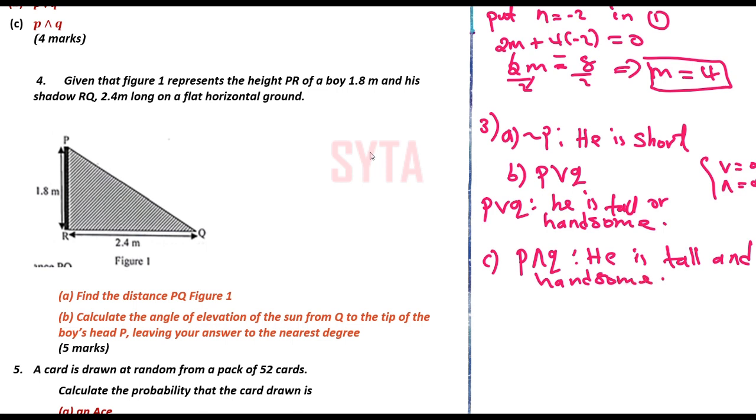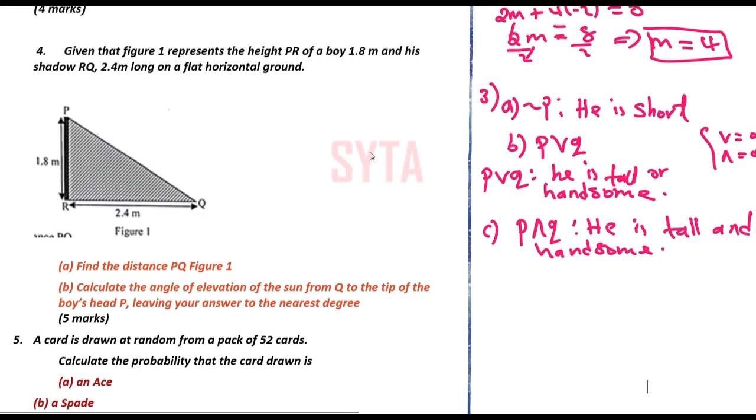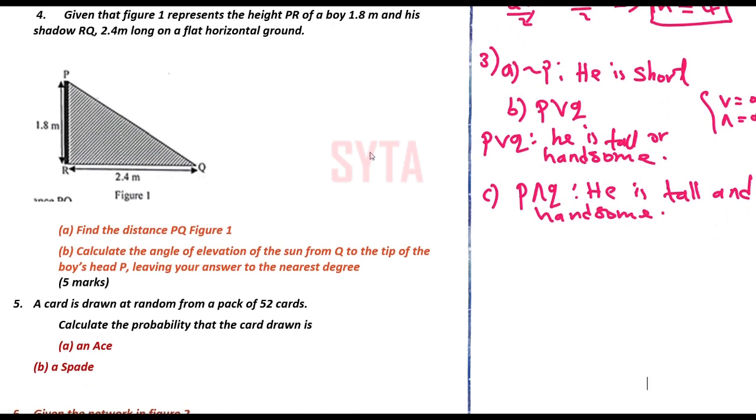Look at question 4. We have given the figure 1 represents the height PR of a boy, which is 1.8 meters, and his shadow PQ is 2.4 meters long on a flat horizontal ground. We are asked to find the distance PQ. So question number 4A, we are supposed to find distance PQ.